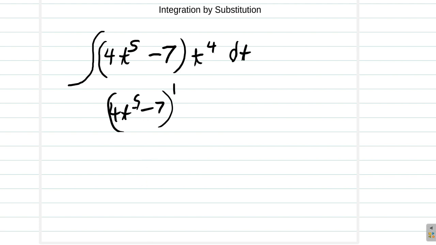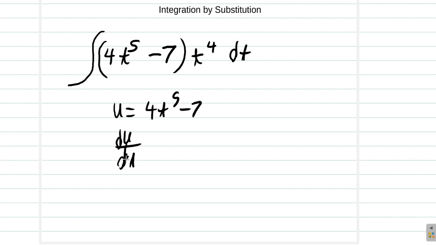Alright? So, let's look at what you're going to have. Let u be equal to 4t to the 5 minus 7. So what will happen is that du by dt is going to be 20 t to the 5 minus 1, which is 4, minus 0, because when you differentiate 7, which is a constant, you get 0.